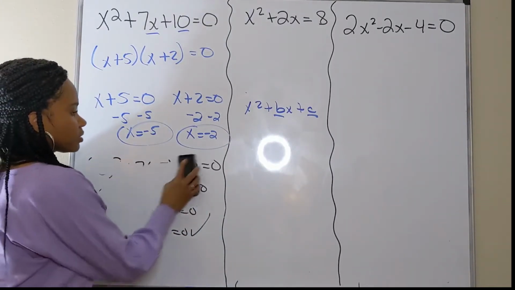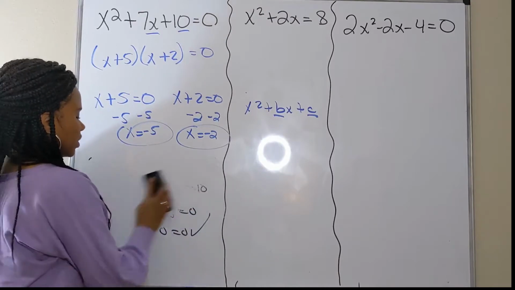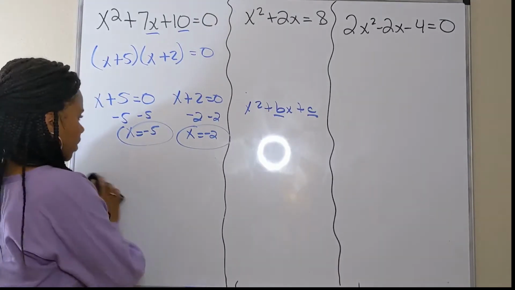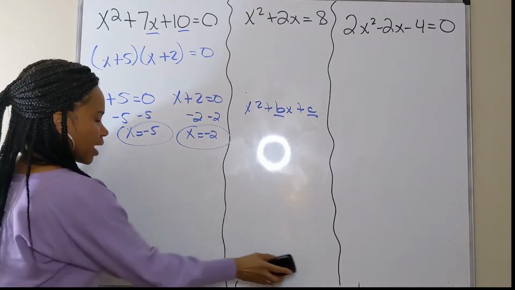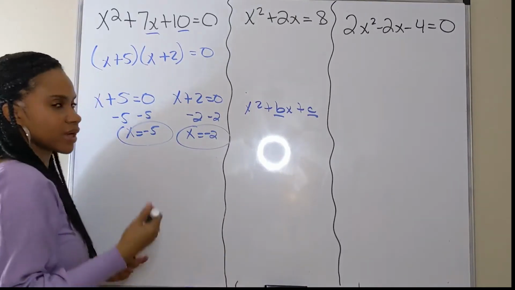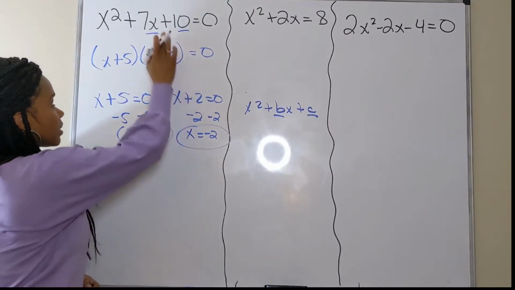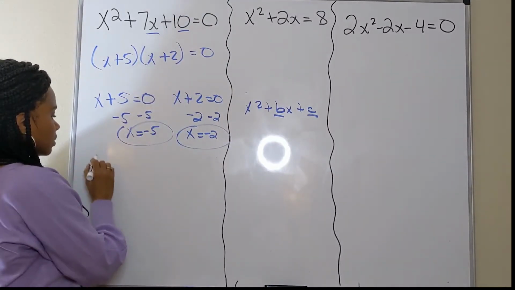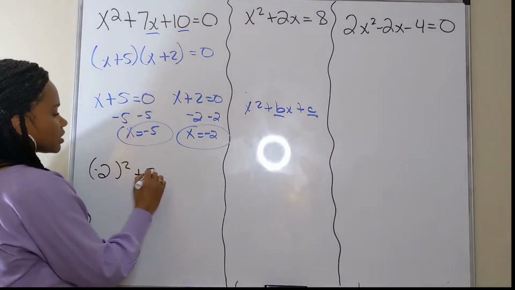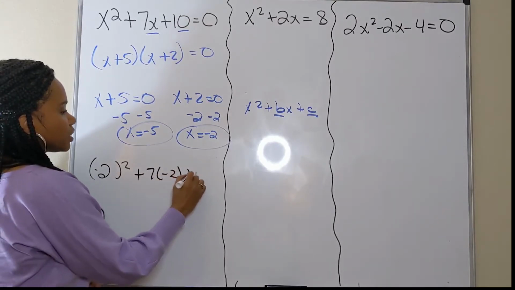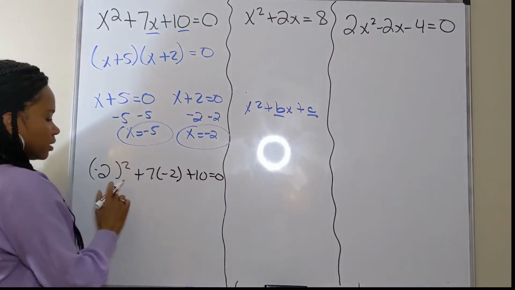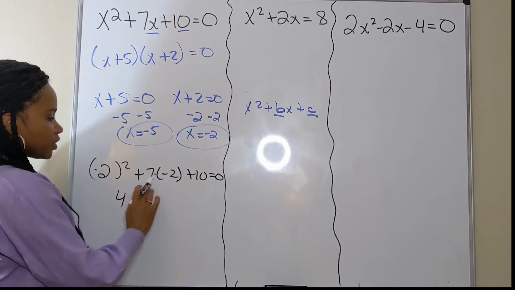Let's try negative 2. Of course you don't have to do this for every problem. I'm just doing this to show you how you could check your answers and what the answers mean. These are the zeros. So I'm plugging in negative 2 squared plus 7 times negative 2 plus 10. Negative 2 squared is positive 4.